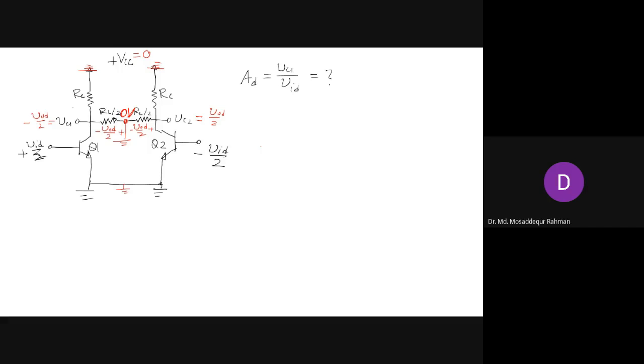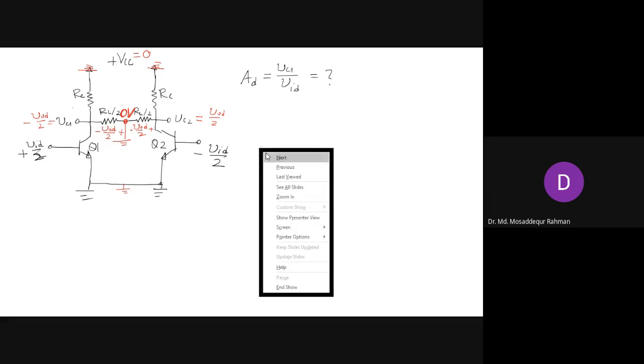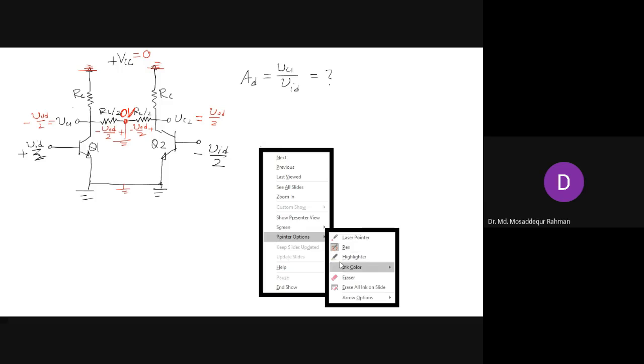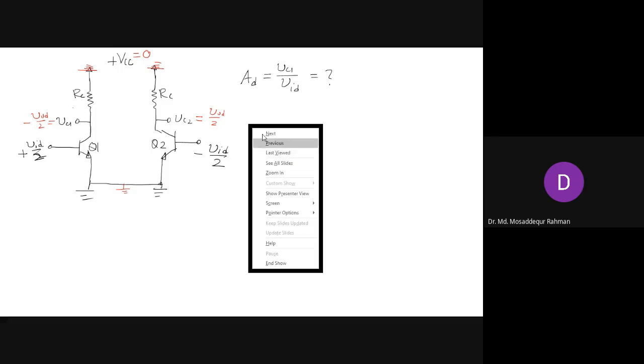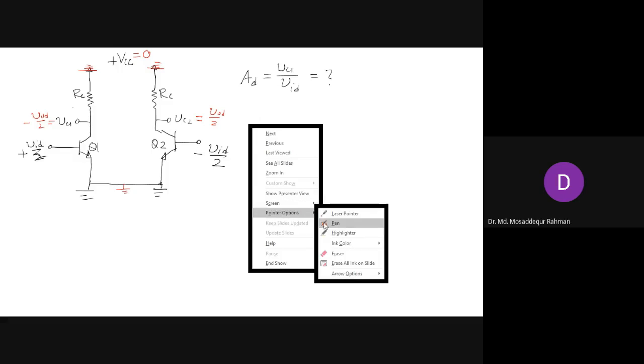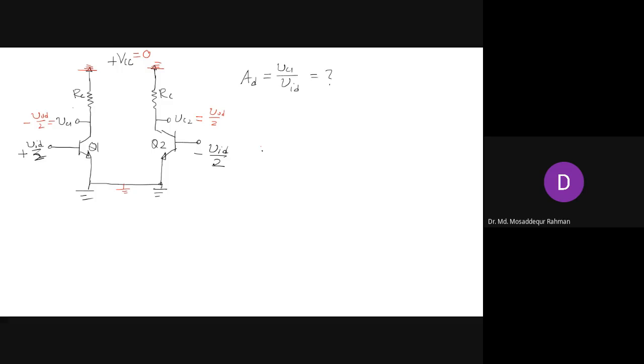Then we can redraw the circuit like this.